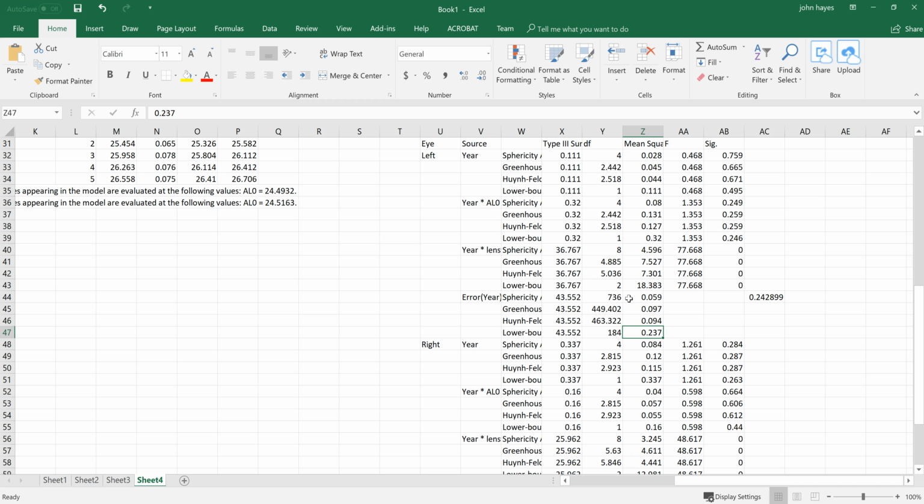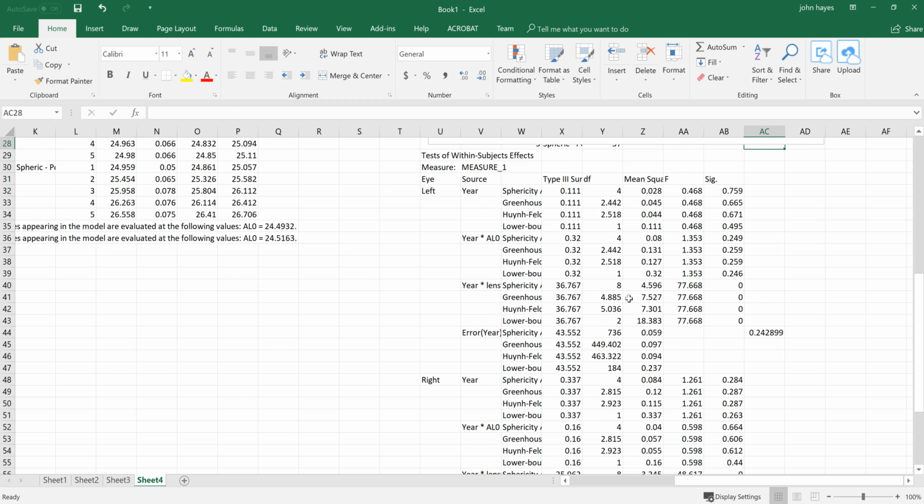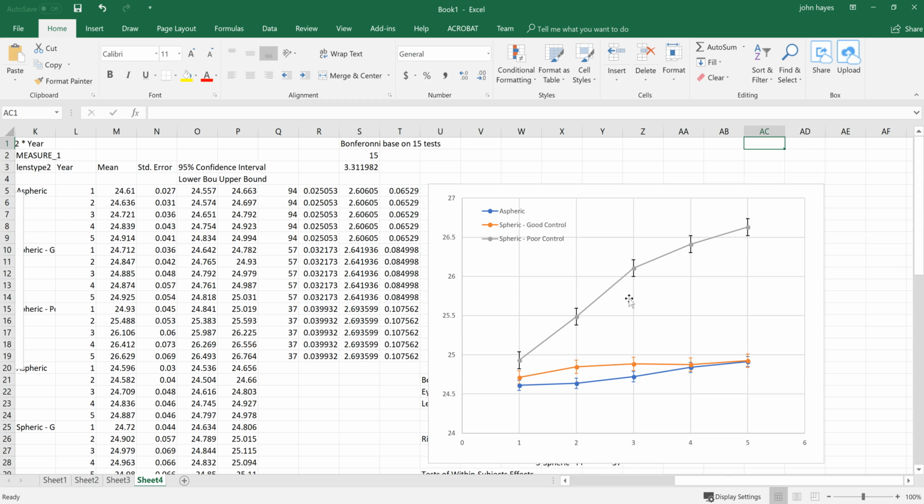If we were going to use those, we would not do a Bonferroni correction. But here, we're doing a Bonferroni correction, and it's giving us a better idea of what the difference should be. It's kind of a robust test to account for sphericity. All right.